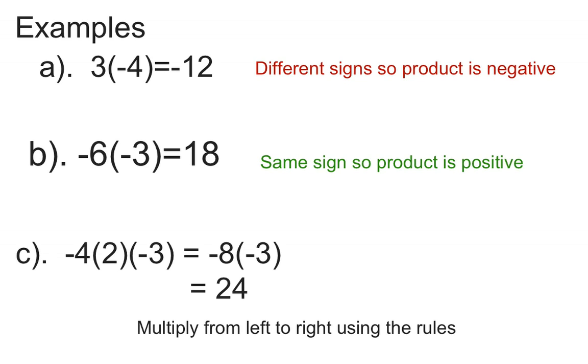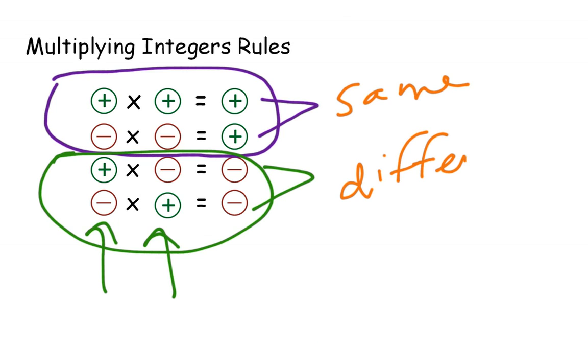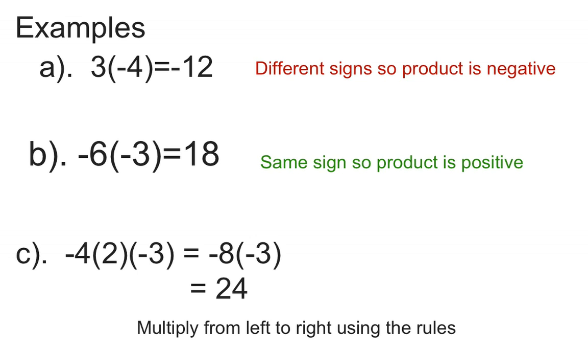My 3 example problems are written down here, and they're illustrating the rules that we had, the rules about the same sign and different signs, and what that would look like. Here we've got 3 times 4, but since we had one negative and one positive, we end up with a negative 12.